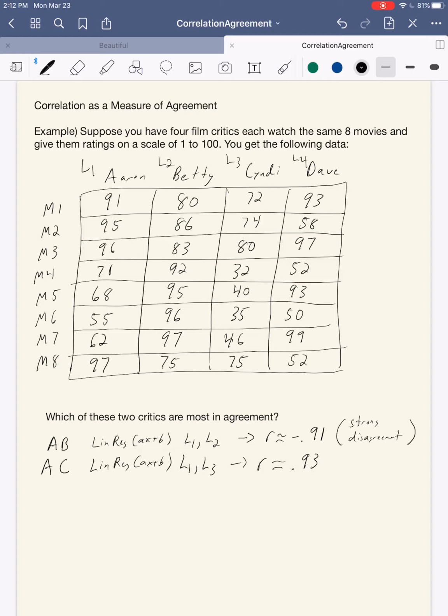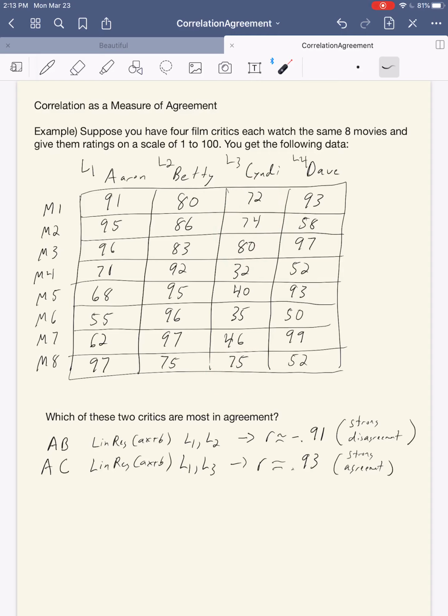All right, well, this time we got a very strong positive relationship, meaning that generally as Ehren rates something higher, so does Cindy. That indicates strong agreement. Let's see if we can actually see that in the data. So again, remember, Ehren seemed to really like the first three and the last one. Well, Cindy gave the first three and the last one 70s and an 80.